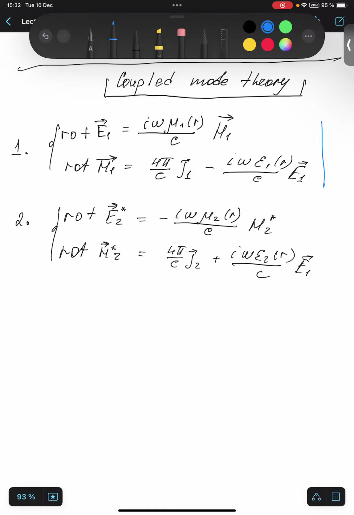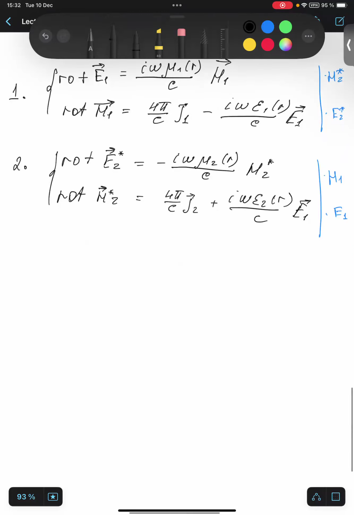Let's now multiply this one by H2 conjugated, this one by H1, this one by E1. We did it several times already.